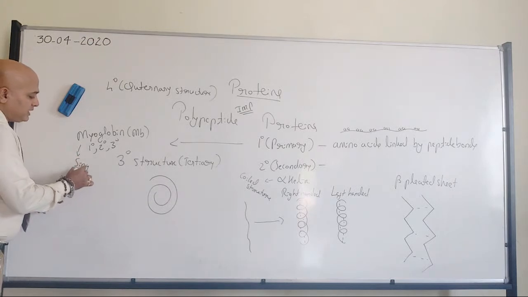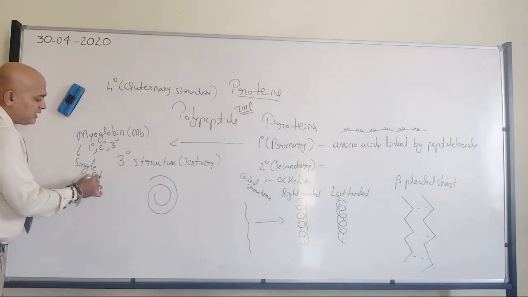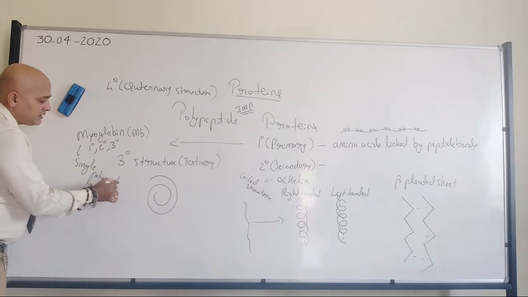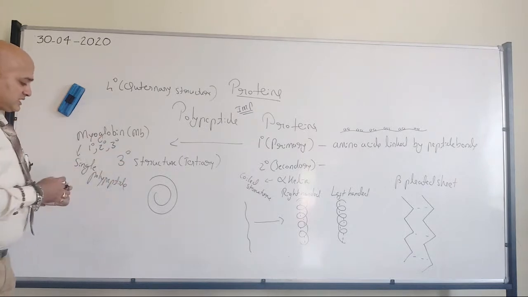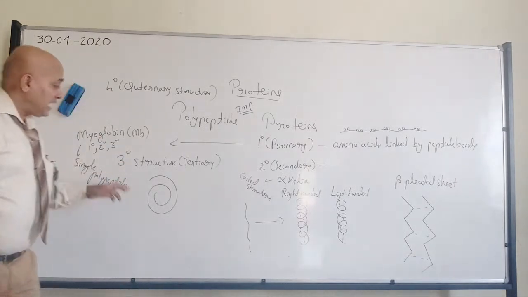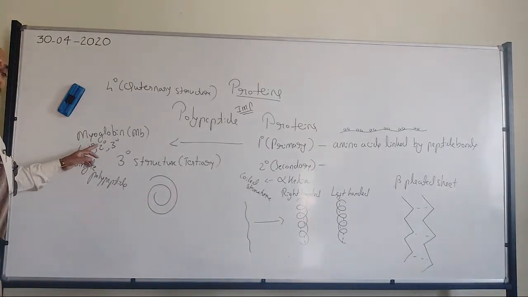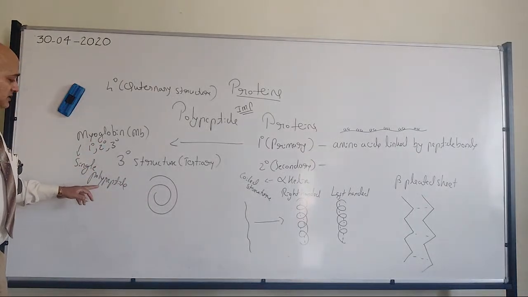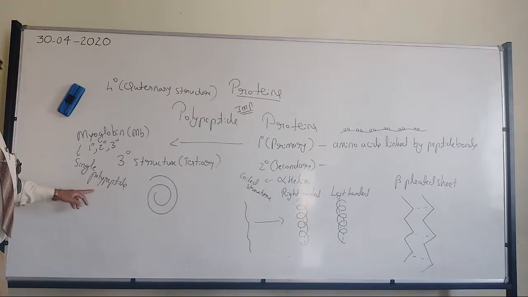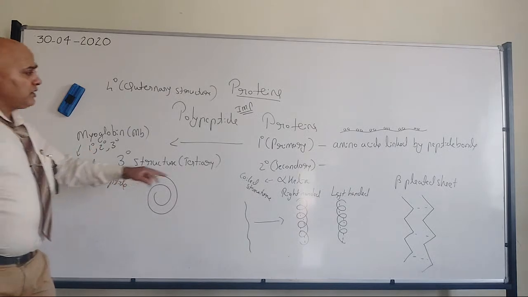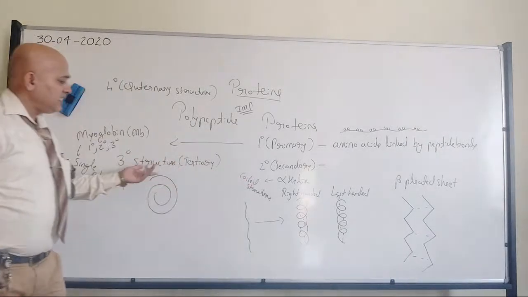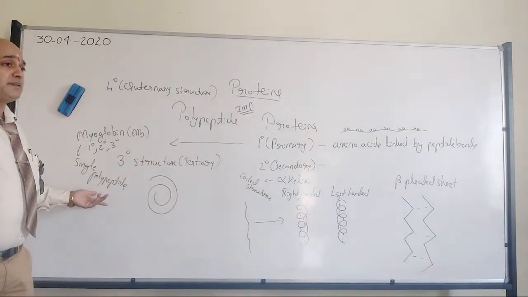Since myoglobin is made up of a single polypeptide, it cannot show the quaternary structure. Therefore they will show primary, secondary and tertiary structure only.